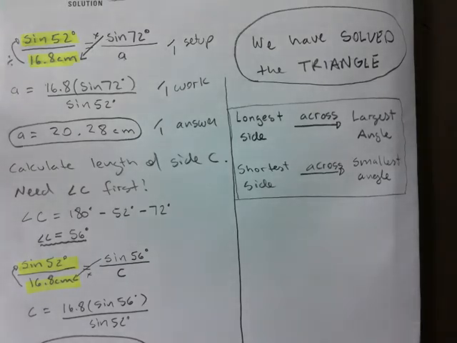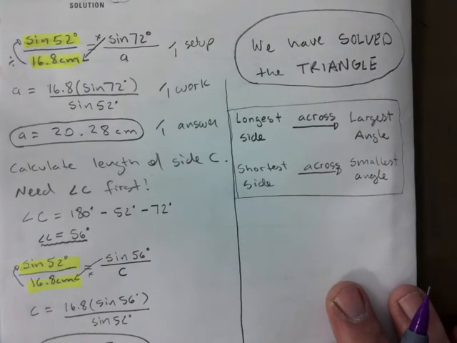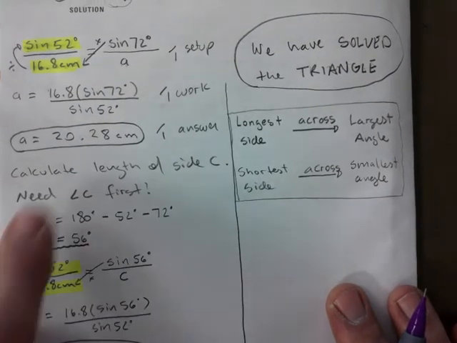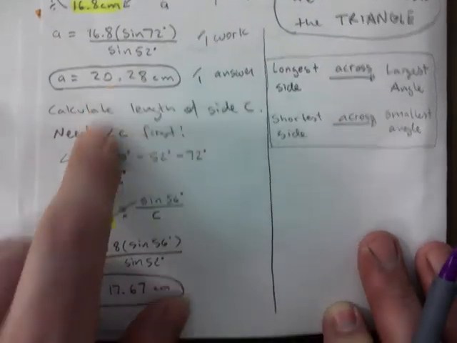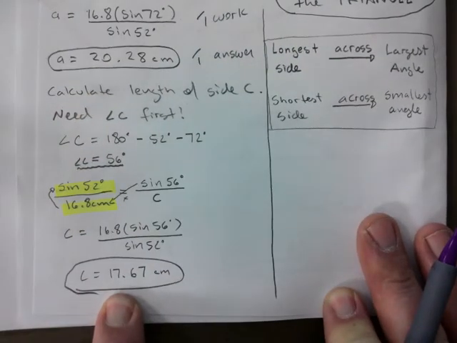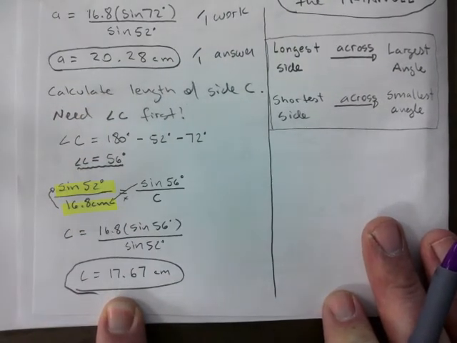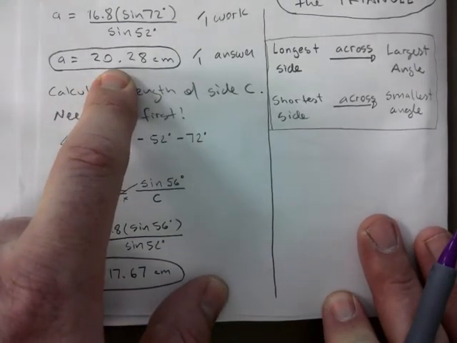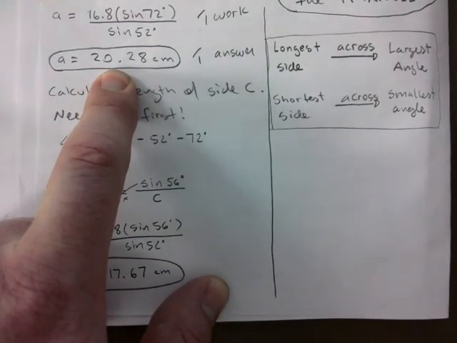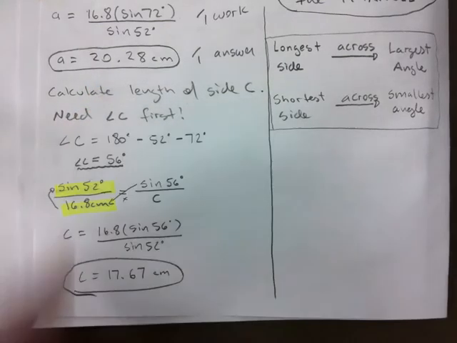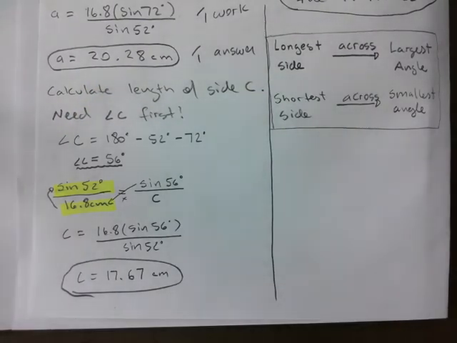Just look at the numbers. Yeah, A. Is the side across from A our longest side? Let's just do that by inspection. A is 20.28, C is 17, and B is 16. So yes, A is the longest side, which is across the largest angle. So it's a way to check. Don't just blindly trust your work, okay?